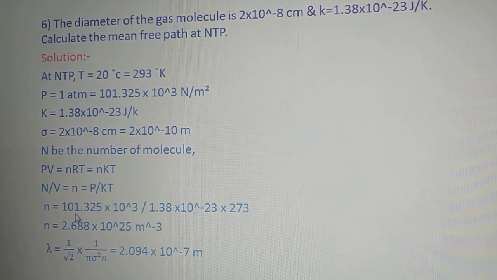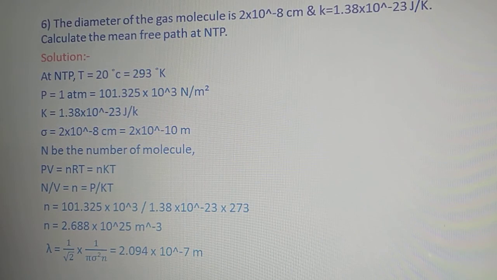So small n is equal to, this is the value known to us, 101.325 into 10 to the power 3 divided by 1.38 into 10 to the power minus 23 into 273. By putting into this formula, we'll get the n equal to 2.688 into 10 to the power 25 per meter cube.